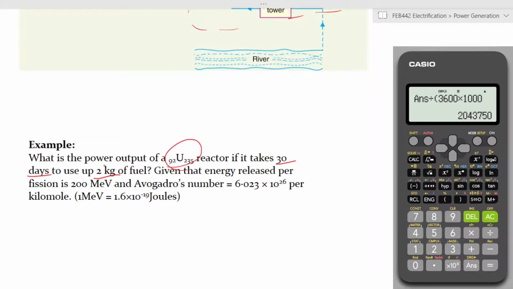Okay, so I'll take you through. The number of atoms in your 2 kgs of fuel, remember this is a tiny amount of fuel, will be given by 2 kgs divided by the atomic weight, which is 235, times Avogadro's number, which is 6.023 times 10 to the power 26.